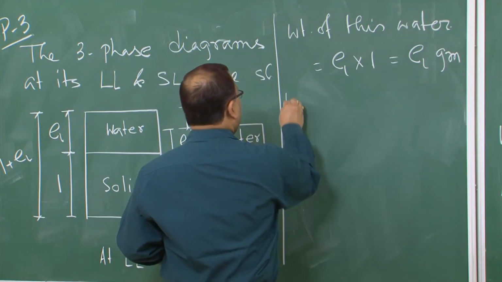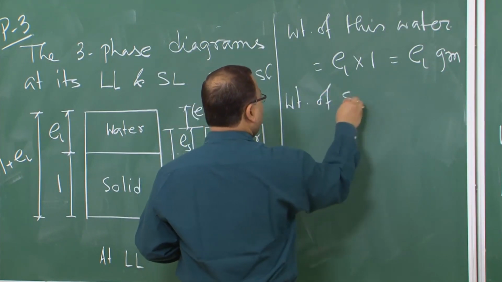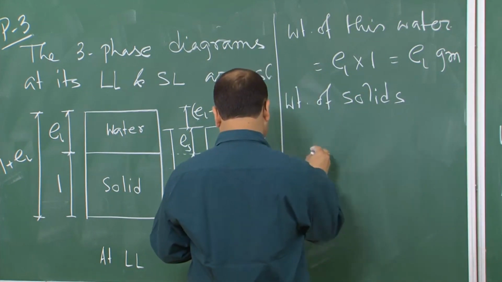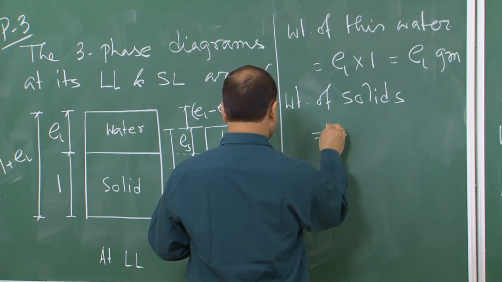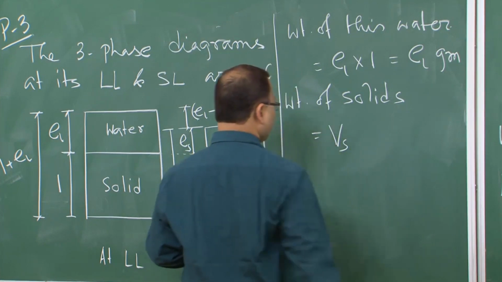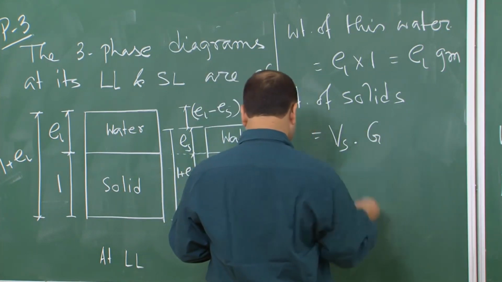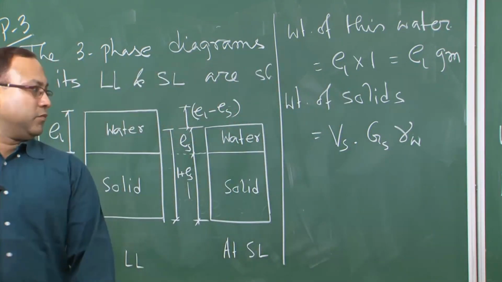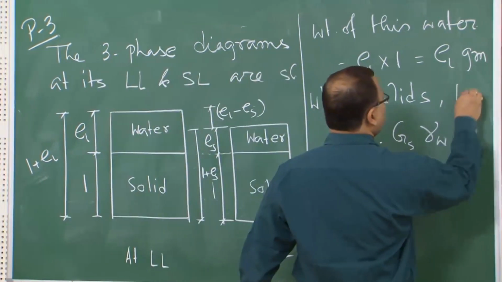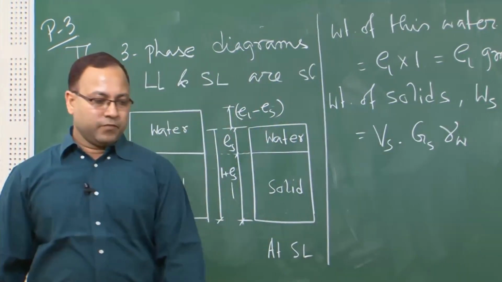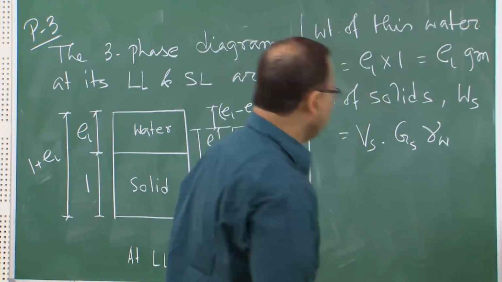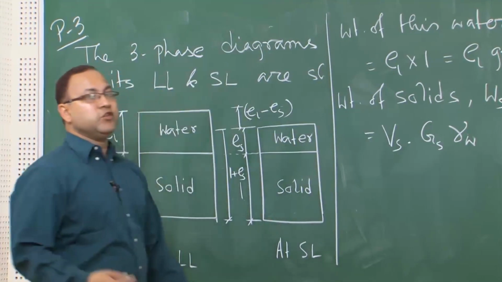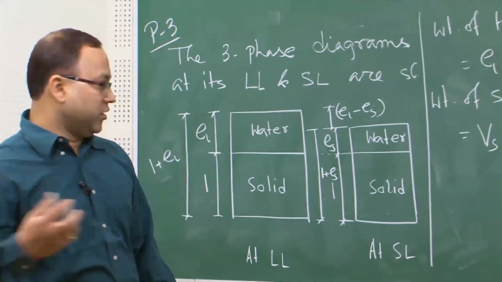Okay. Now, the weight of solids, Ws, is therefore equal to Vs, that is the volume of solid, multiplied by Gs into gamma W. Agreed? Vs multiplied by Gs into gamma W, that is nothing but your gamma S, which will eventually give me the weight of solid.